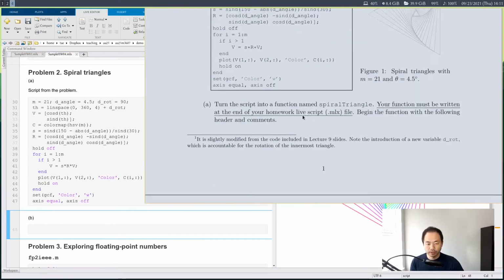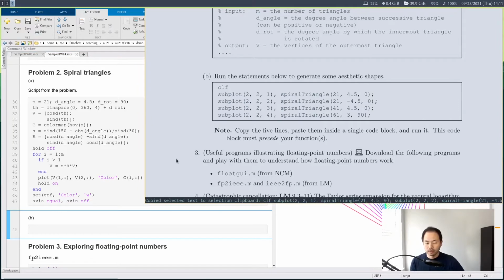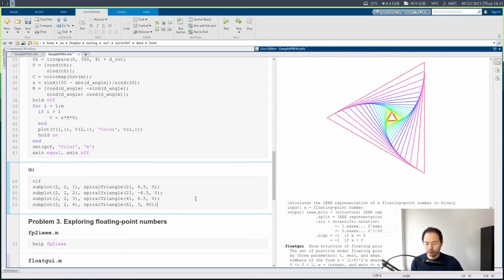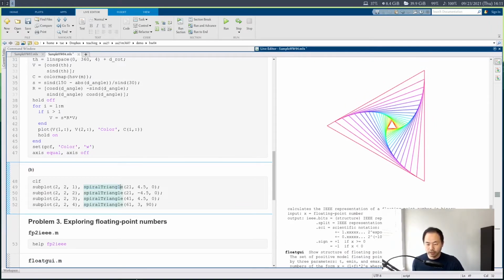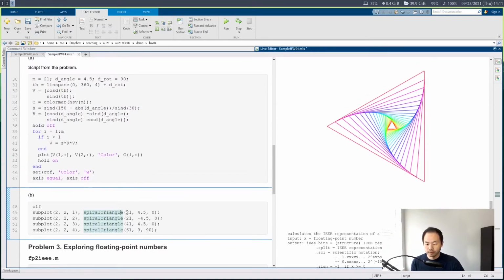For part B, you are asked to run this statement. So all you need to do is grab this, paste it here, and you simply need to run them. Okay, so you are calling the function that you defined at the bottom of this document with 21, for the first one, 21 triangles, each rotated by 4.5 degrees counterclockwise.